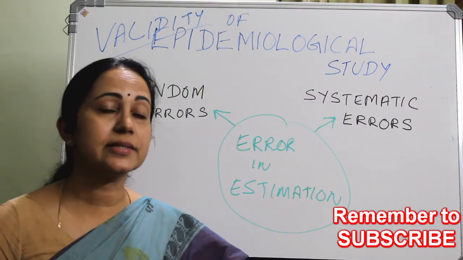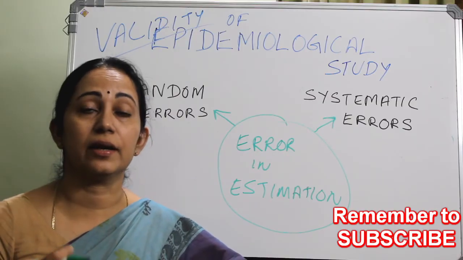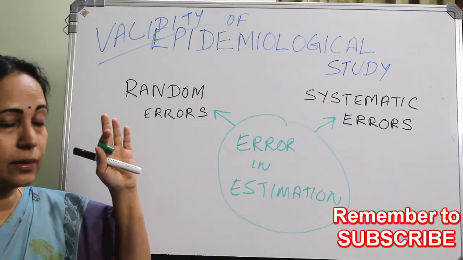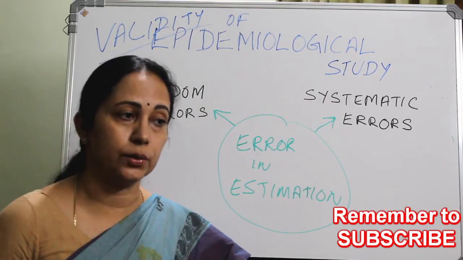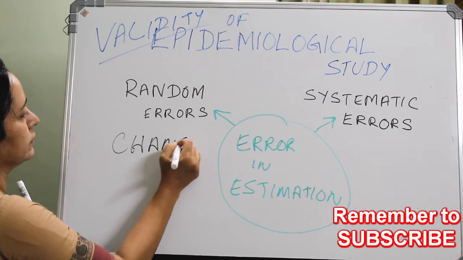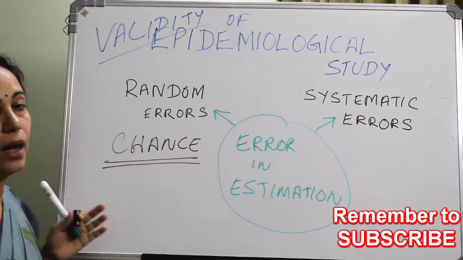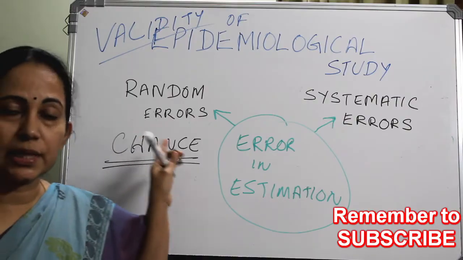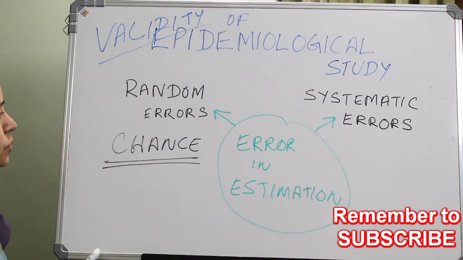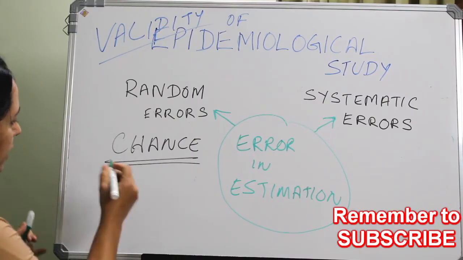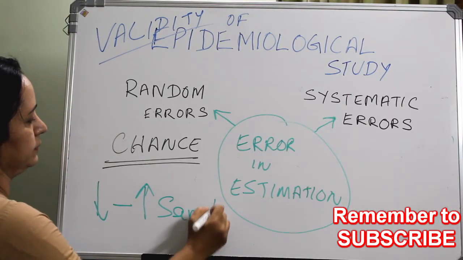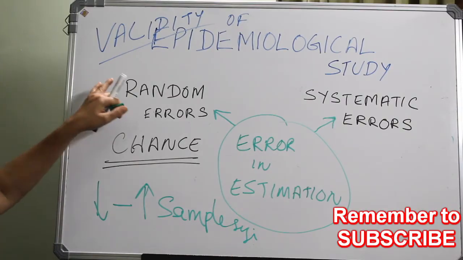There is a defect in the estimation of results due to causes which are uncontrolled and occur by chance. This is beyond our control. Random errors can be minimized by increasing the sample size.